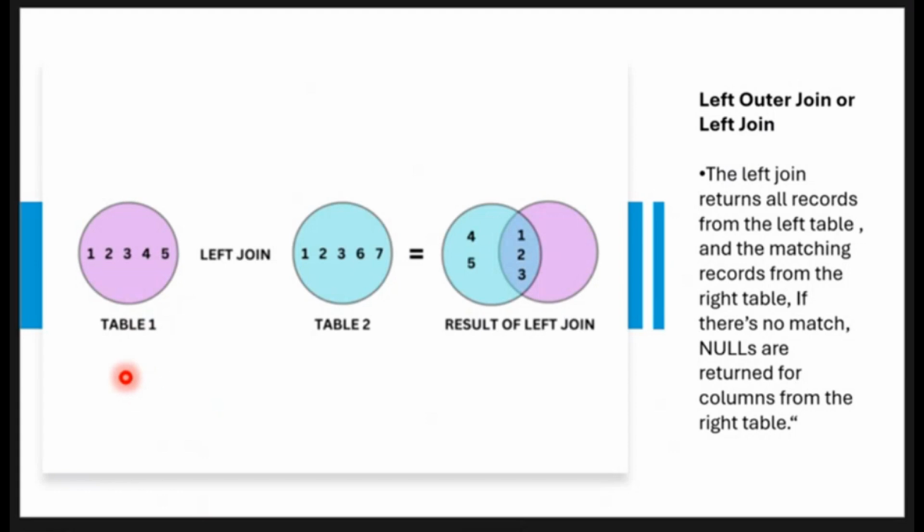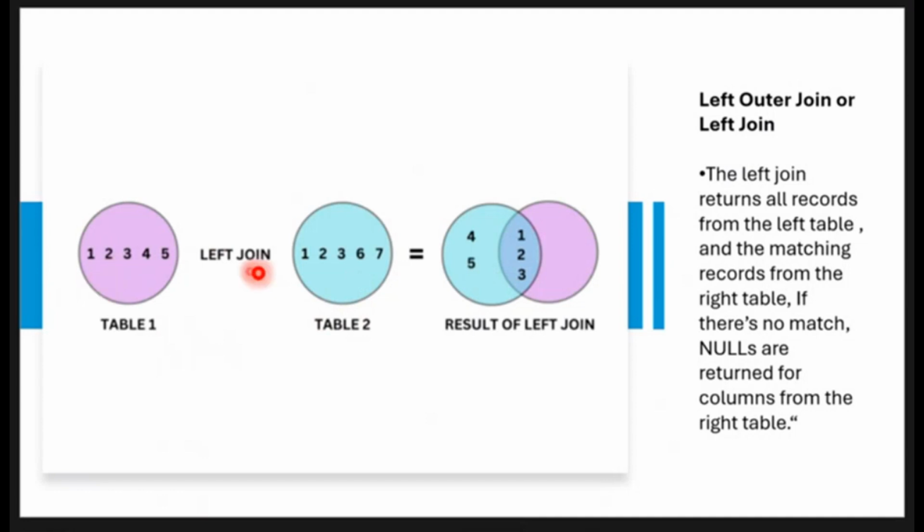So let's understand with the help of this visualization. Table 1 is 1, 2, 3, 4, 5. We do a left join with table 2. Table 2 has values like 1, 2, 3, 6, 7. Left join will pull everything which is in the left table, so you will have in the output 1, 2, 3, 4, 5. And from the right table it will bring what matches the left table.